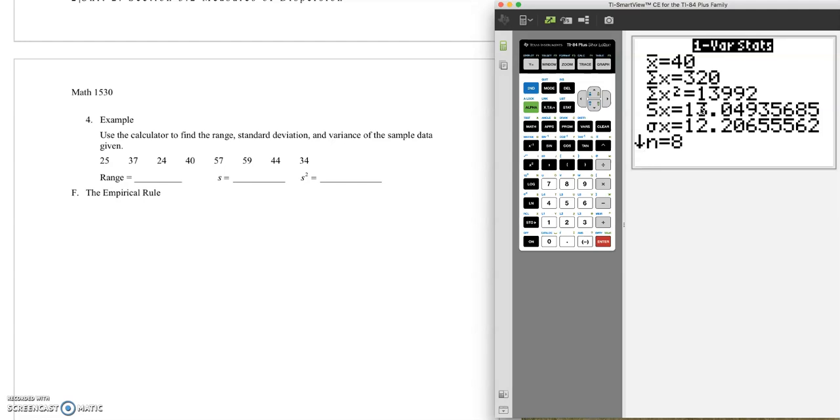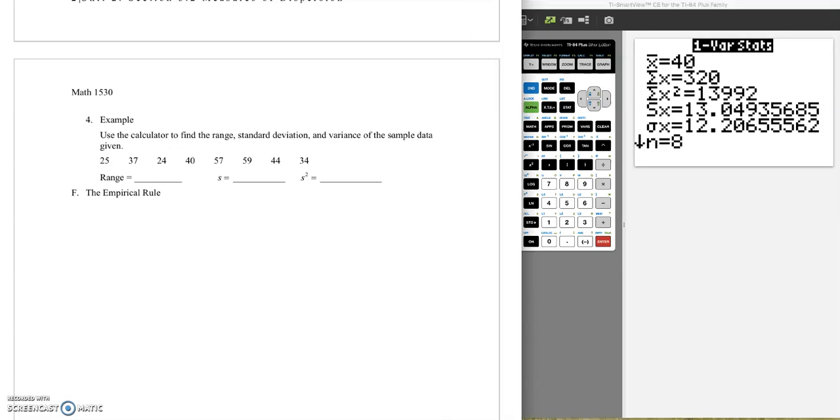The calculator will leave that blank, and then we use the population standard deviation. But here, the problem says specifically that we have sample data. So that means that we want Sx. Remember, the calculator calls it Sx, but we just write S. So this is 13.05 for our standard deviation.